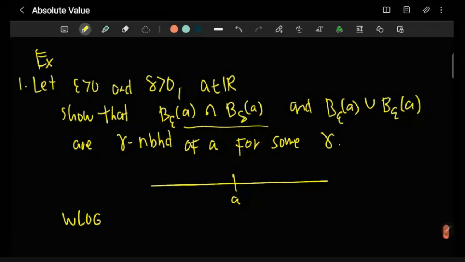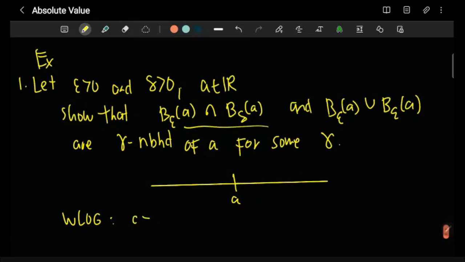So without loss of generality, let us assume that epsilon is greater than delta. So anong ibig sabihin ng ball centered at A? In the neighborhood, ano ibig sabihin ng epsilon neighborhood? It's an interval centered at A. Interval centered at A of radius epsilon. So kukuha ka ng epsilon distance, A plus epsilon, A minus epsilon, lahat to, yan yung epsilon neighborhood at A.